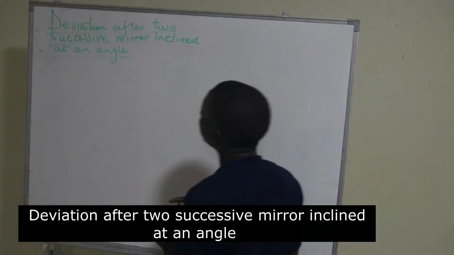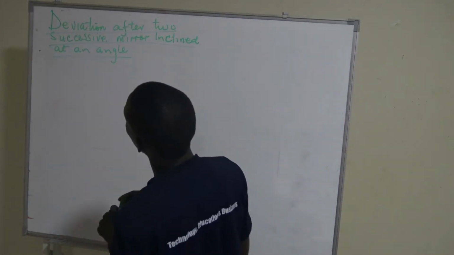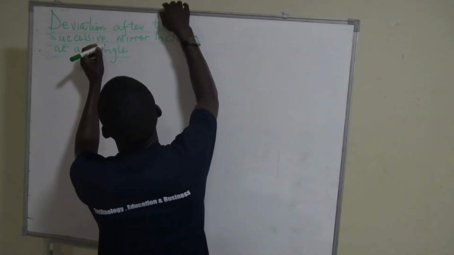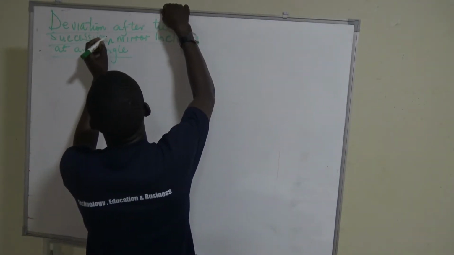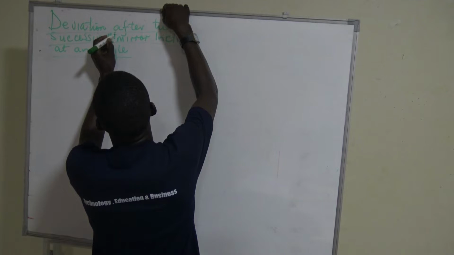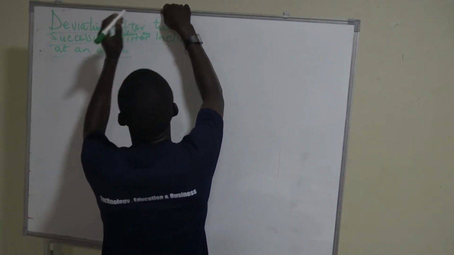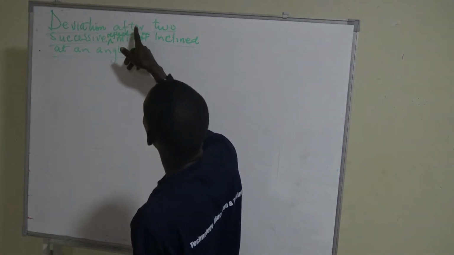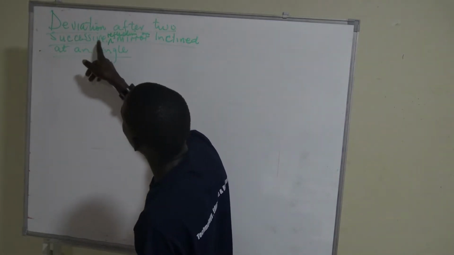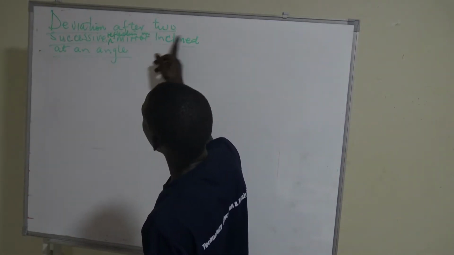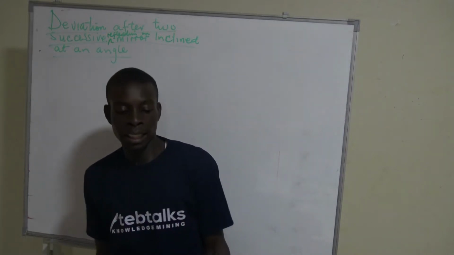So we are going to look at deviation after two successive reflections on a mirror. Deviation after two successive reflections on a mirror inclined at an angle.